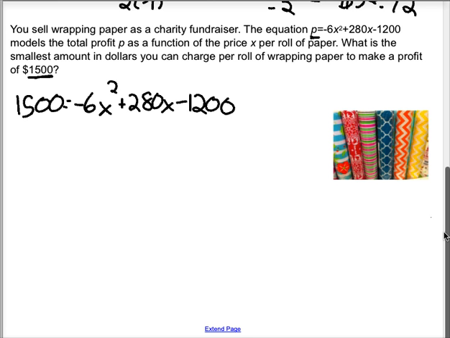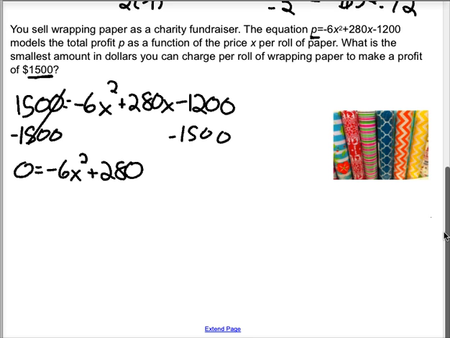Now I need it set equal to 0, so I'm going to subtract off that 1,500. So that is a quadratic that I now want to solve with the quadratic formula. So let's get the quadratic formula set up.